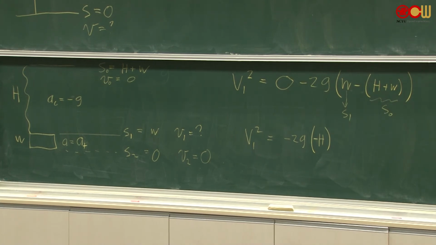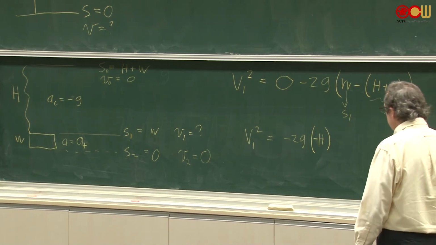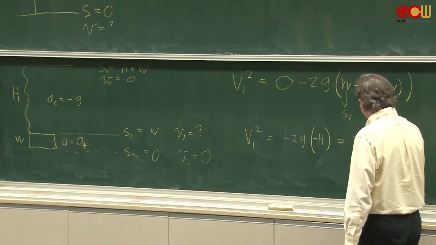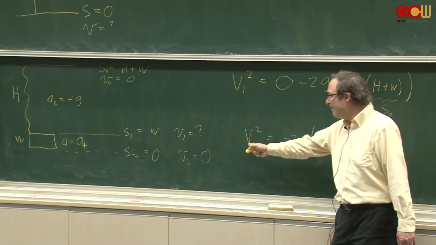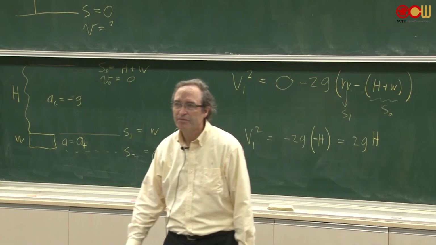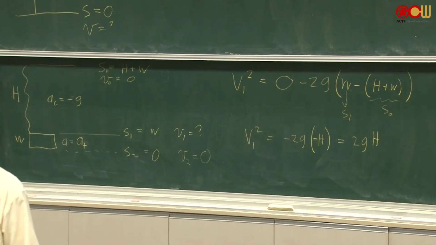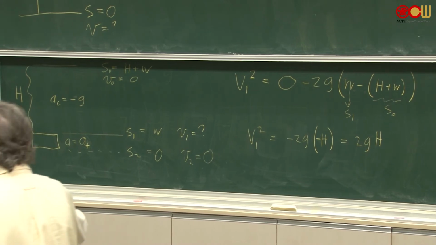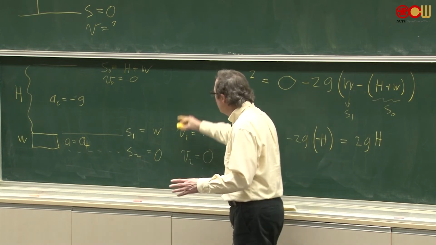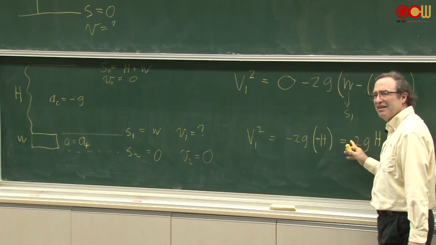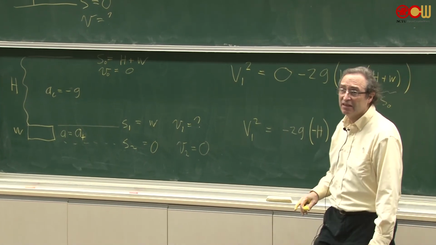If I did my algebra right, the right-hand side better be positive because the left-hand side is positive. If I did it wrong, or if I set up my equation wrong, I would get a negative sign here, and I know I made a mistake.